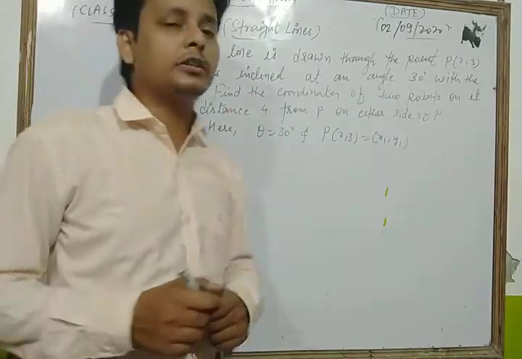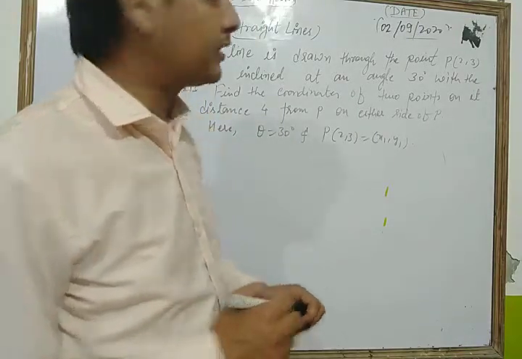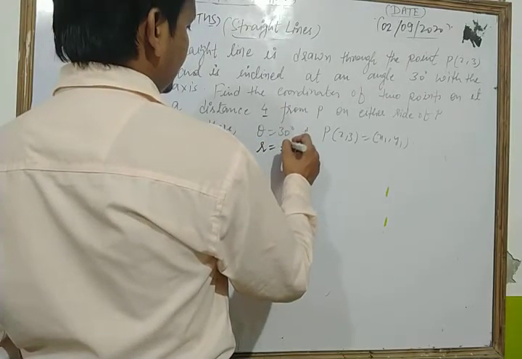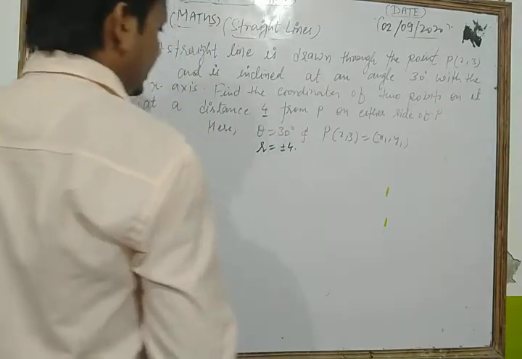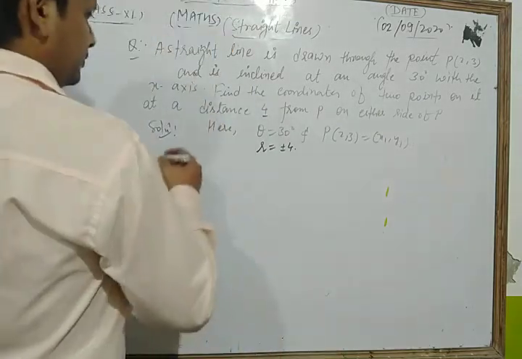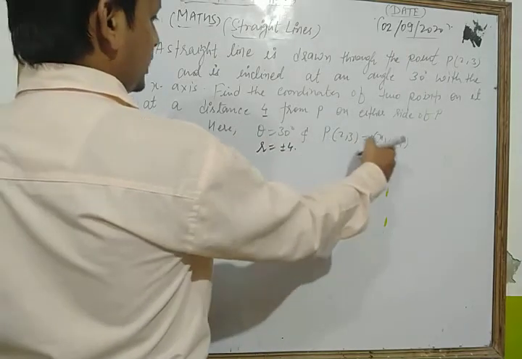Let the coordinates of the 2 points be x and y, and the distance between them and P is r. Here r is 4, taken as plus minus 4. Now we know that here theta is equal to 30 degrees and P is x1, y1 which is (2, 3).